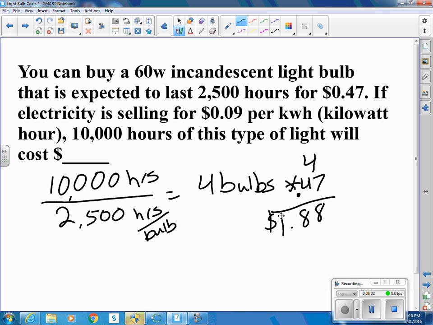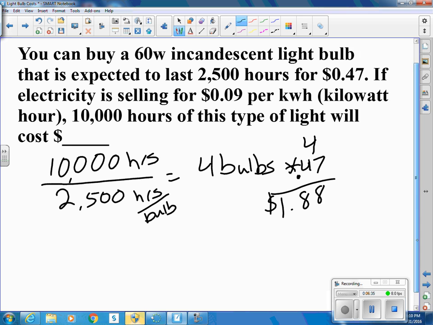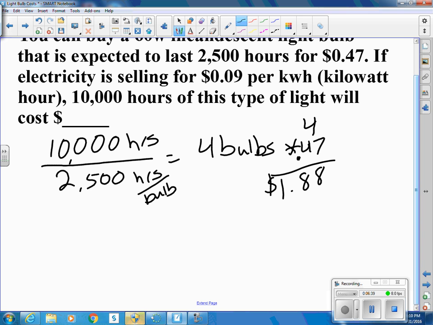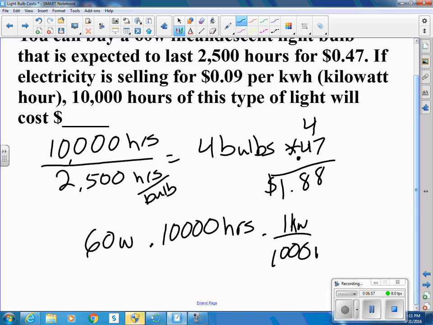And if we burn at 60 watts for 10,000 hours, and then 1 kilowatt is 1,000 watts, for every 1,000 watts, the watts cancel, and then if I multiply it, that's just the units of kilowatt hours, and if I multiply that by 0.09 dollars per kilowatt hour, the kilowatt hours cancel, and that will just be money.